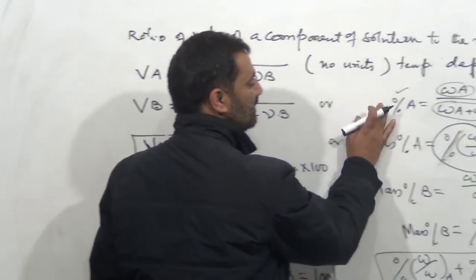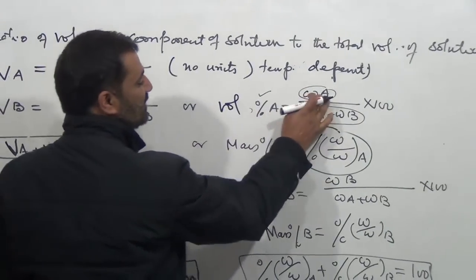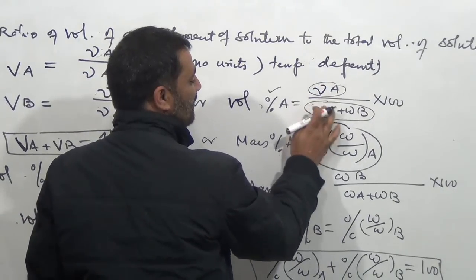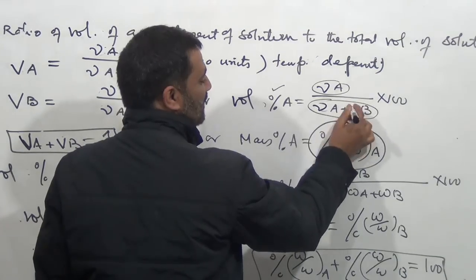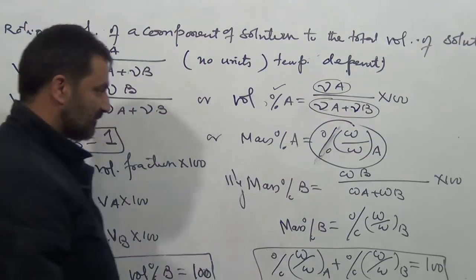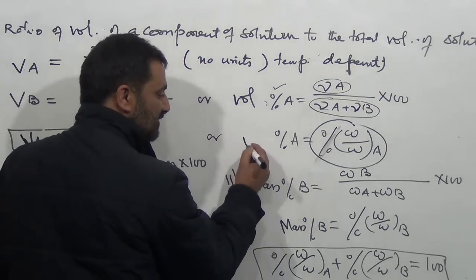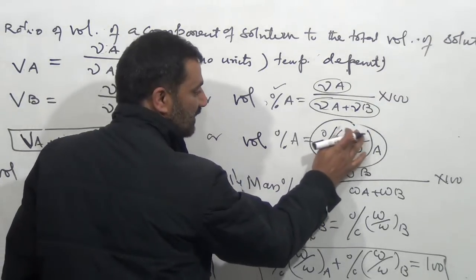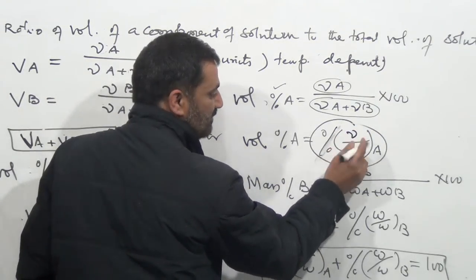So here we can write volume percent of A is equal to volume of A divided by volume of A plus volume of B multiplied by 100. So mass is replaced by volume and capital W is replaced by small v.